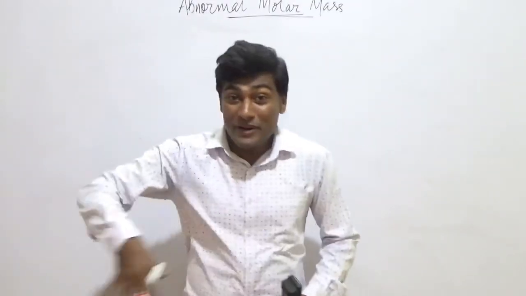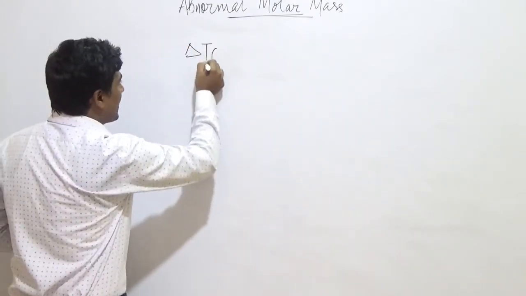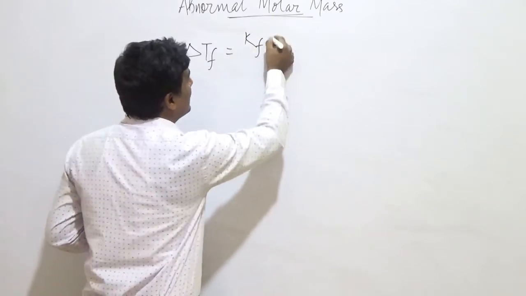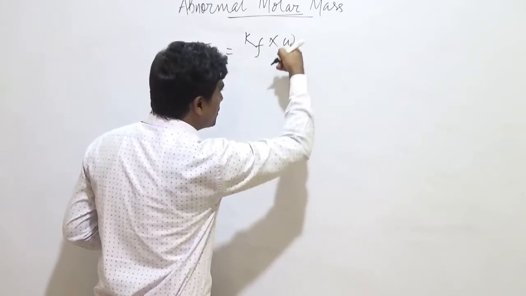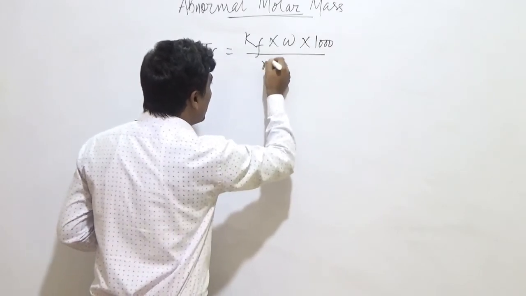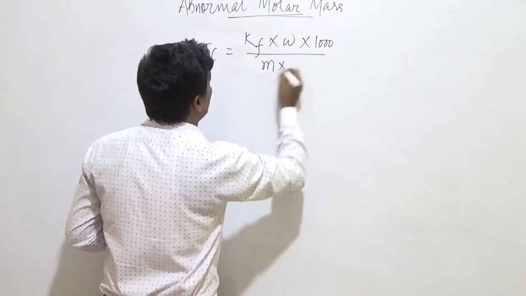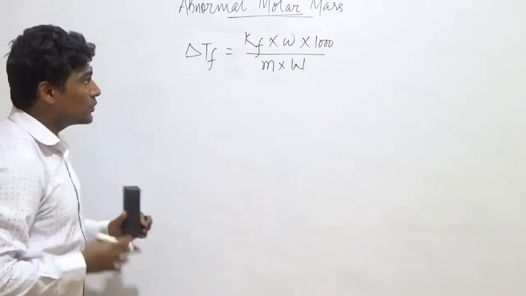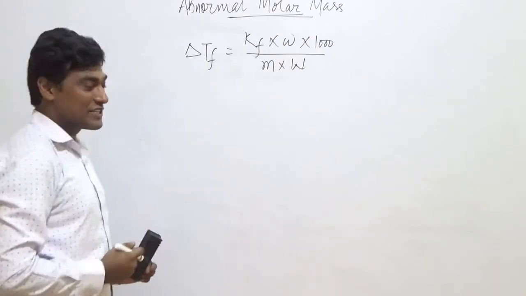Consider the depression in freezing point. The formula is del Tf is equal to Kf, the molar depression constant, into W, the mass of the solvent added to the solution, into 1000, divided by small m, the molecular mass of the solute, into capital W. So this is the formula of the depression in freezing point.